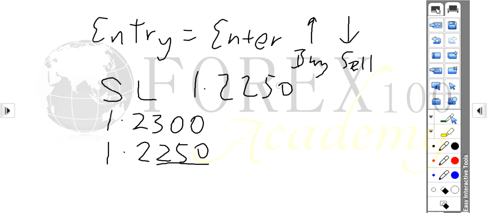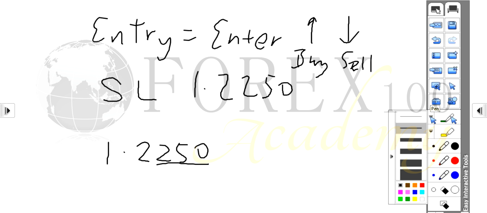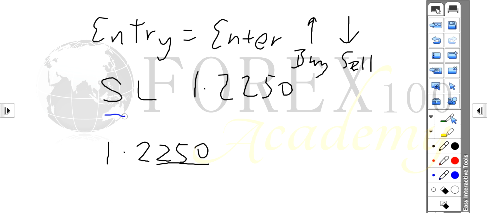Take profit is the level for you to exit the trade with a profit. Meaning when it reaches your price target, where you have analyzed that was the previous high, you want to exit at that particular price, so you can enter a take profit value.